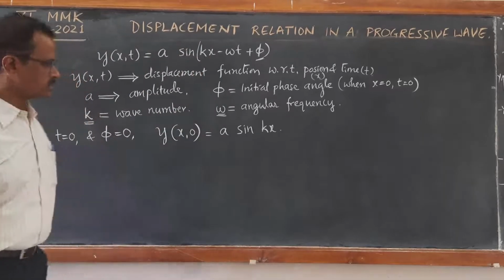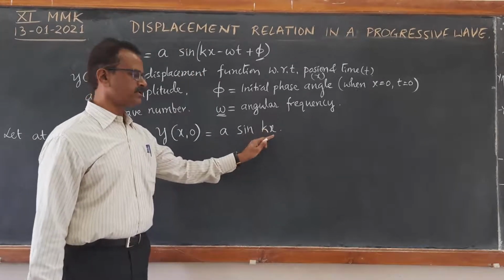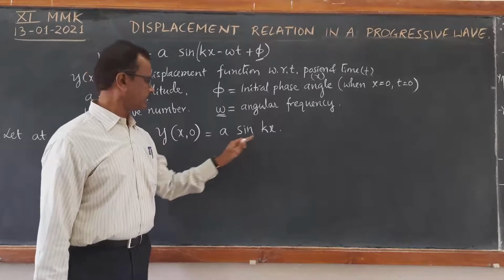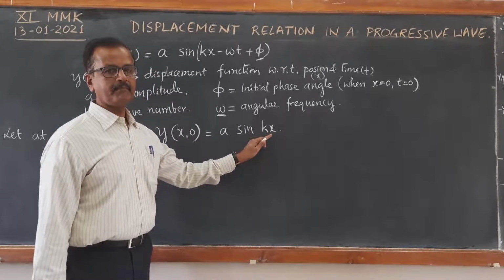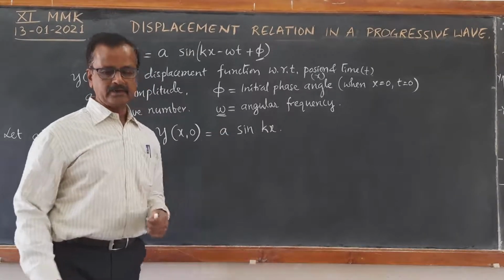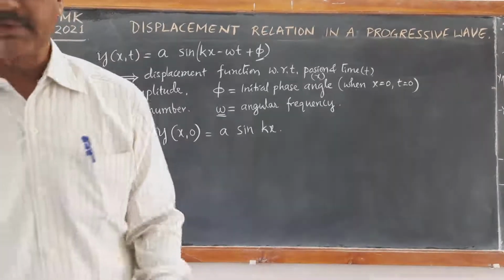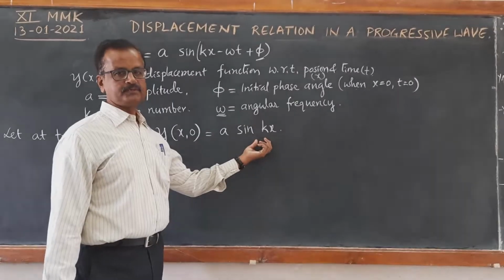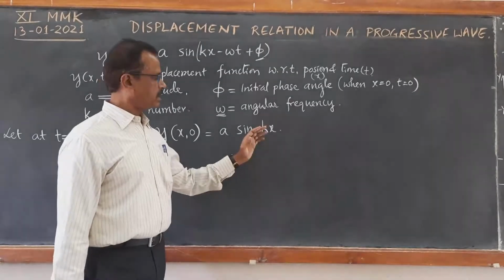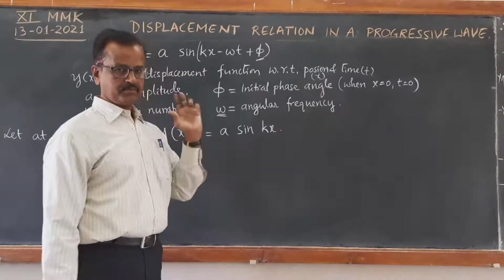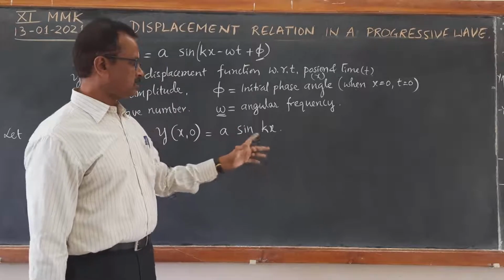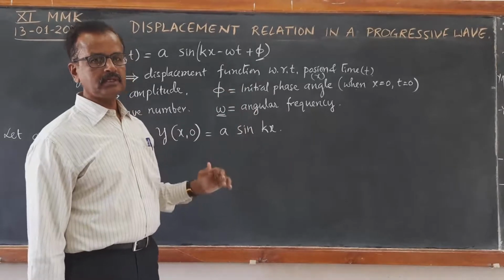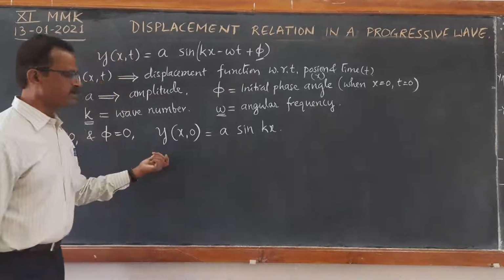It represents a particle present at position x, and it undergoes simple harmonic motion at that position. It should be a periodic function with respect to the space variable, that is, with respect to location. At the next position, at a distance of one wavelength, the particle should have the same displacement. That is the meaning of a periodic function.